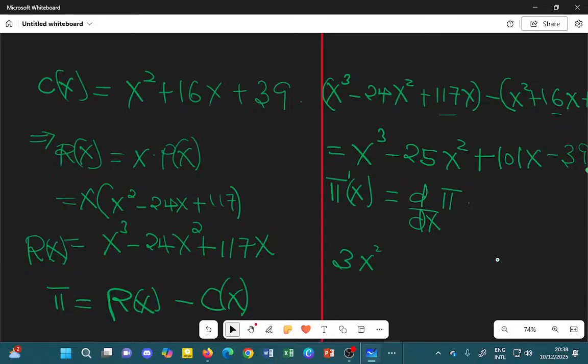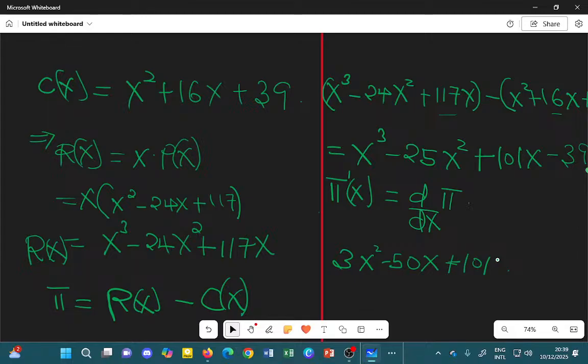Then minus this: 2 times 25 gives us 50, so minus 50x, because we are reducing the power by 1. And this will just be 101.